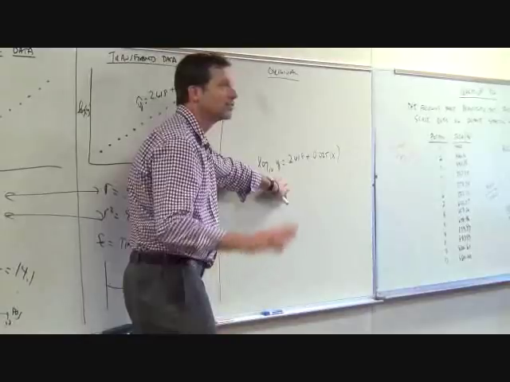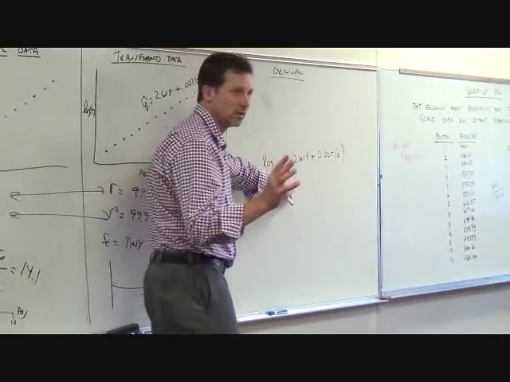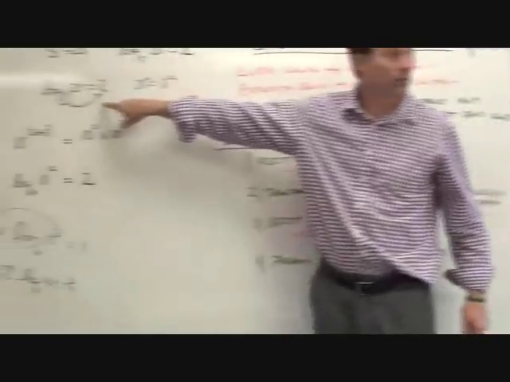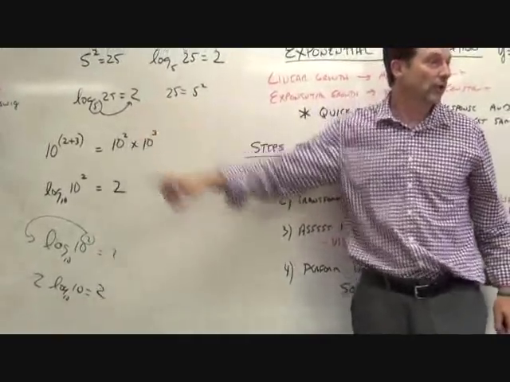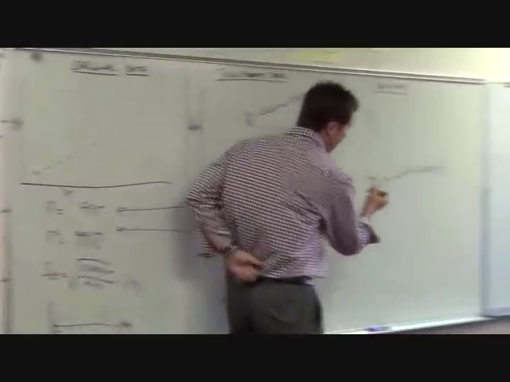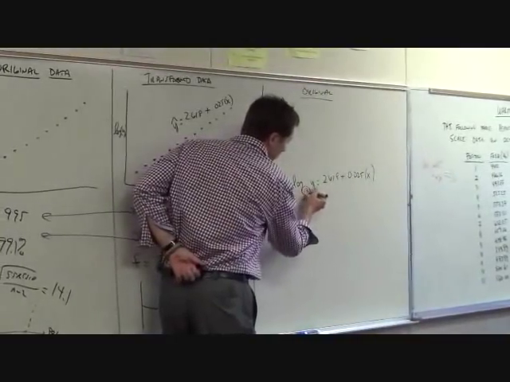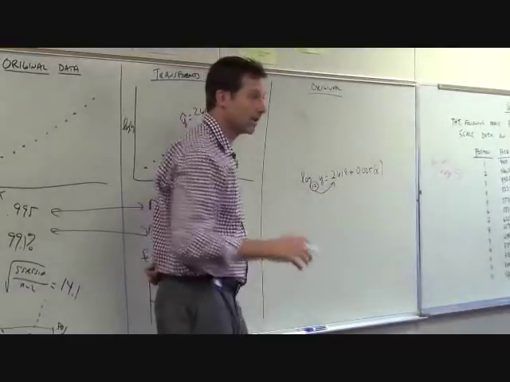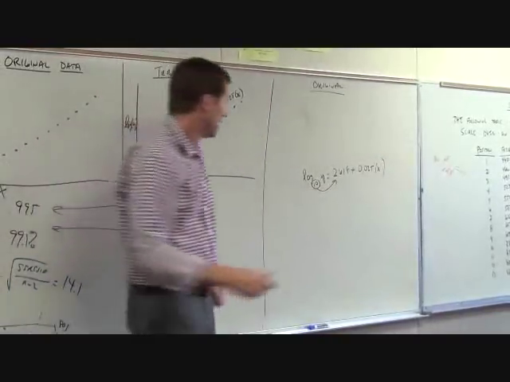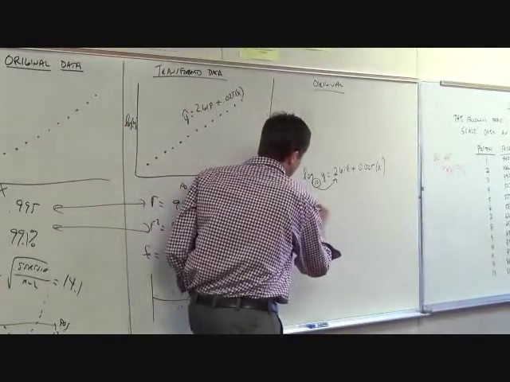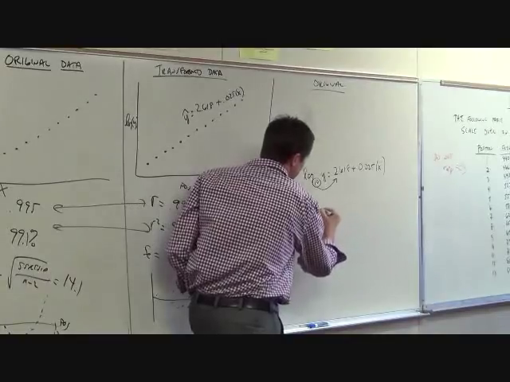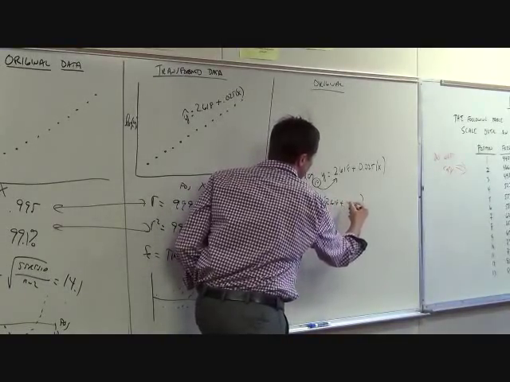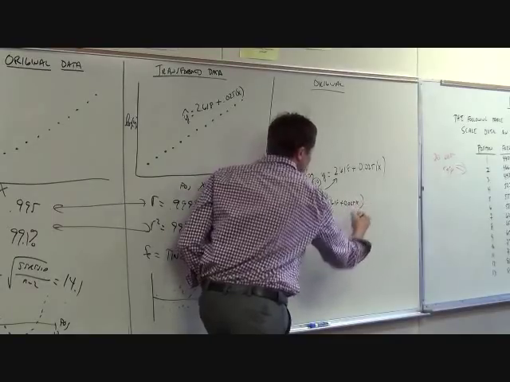Okay, let's rewrite that equation without logarithms in it. Remember, you circle the base. That's going to be your power. So what have I got? I've got y is equal to 10 to the 2.618 plus 0.025x.